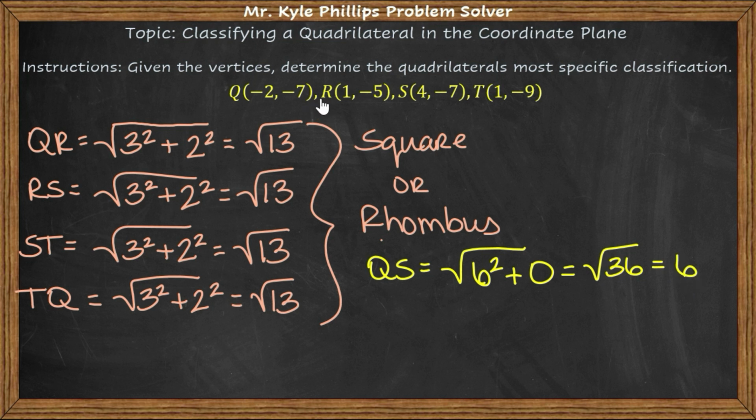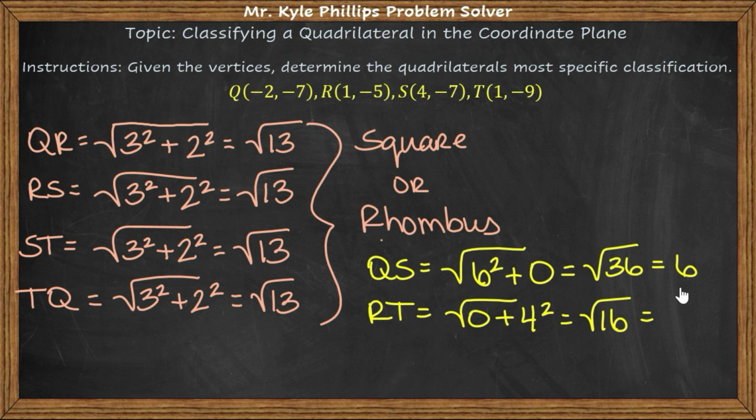And then we're going to compare R to T. 1 to 1 is a distance of 0, and -5 to -9 is a distance of 4. So this is the square root of 16, or 4. So these diagonals are not the same. Therefore, we have a rhombus.